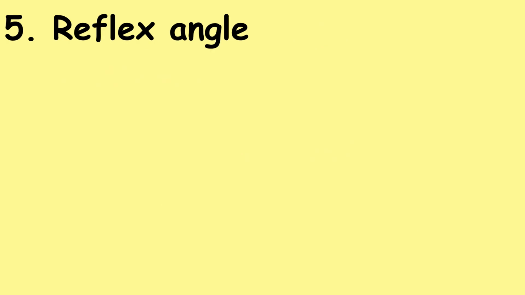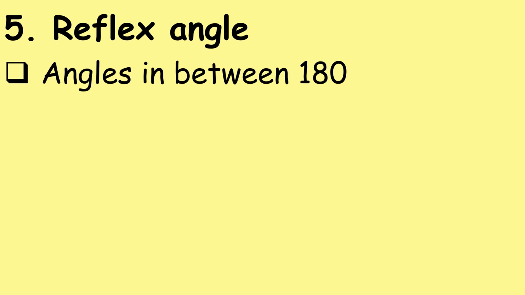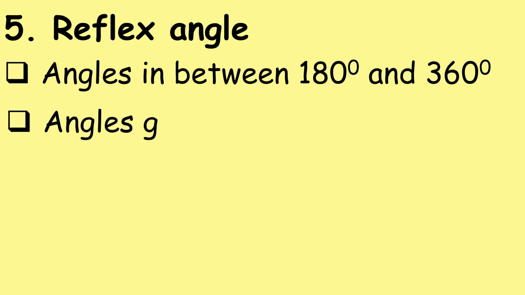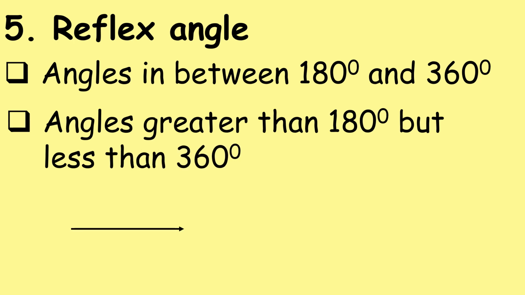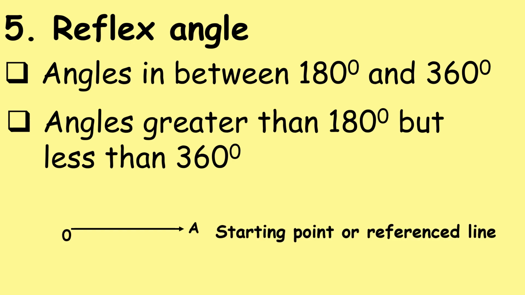Now we'll be looking at reflex angles. These are angles categorized because they are between 180 degrees and 360 degrees. They are greater than 180 degrees but less than 360 degrees. And then we'll see a typical example here, starting from OA, which is our starting point or reference point.